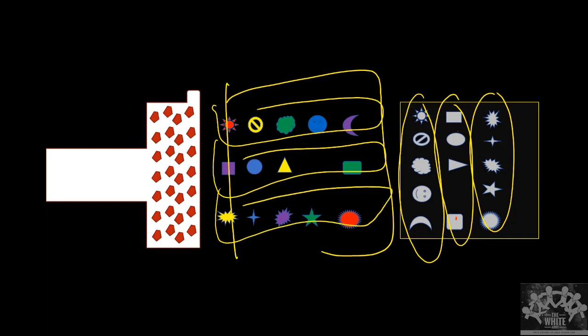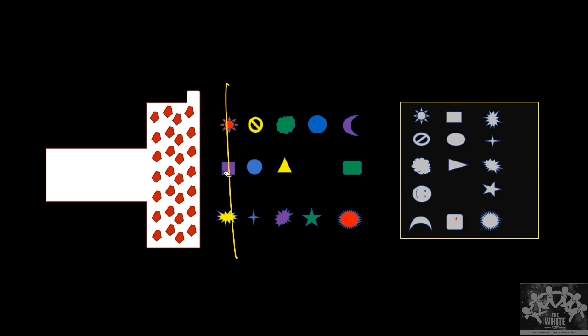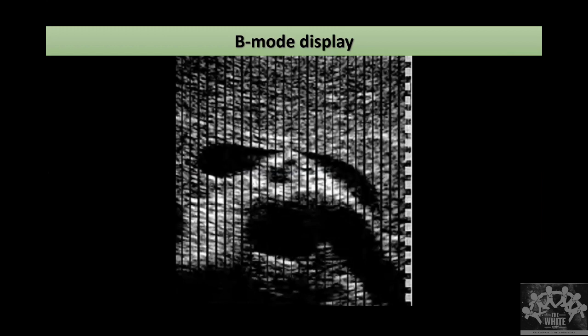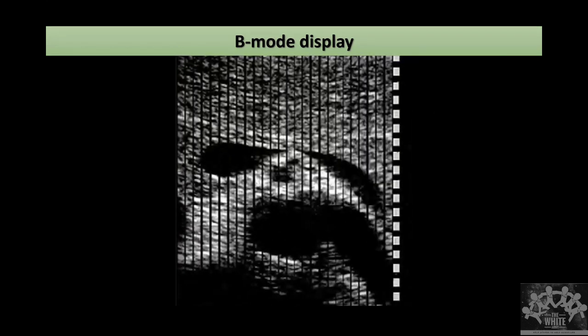One image will be formed by such multiple lines, which will be taken of different brightness based on the amplitude of sound that is reflected. That's how multiple lines make one image. 60 such images can be made in 1 second. So that's how we get a B mode image. That's why in B mode you continuously see it like a film, like our old projector film.